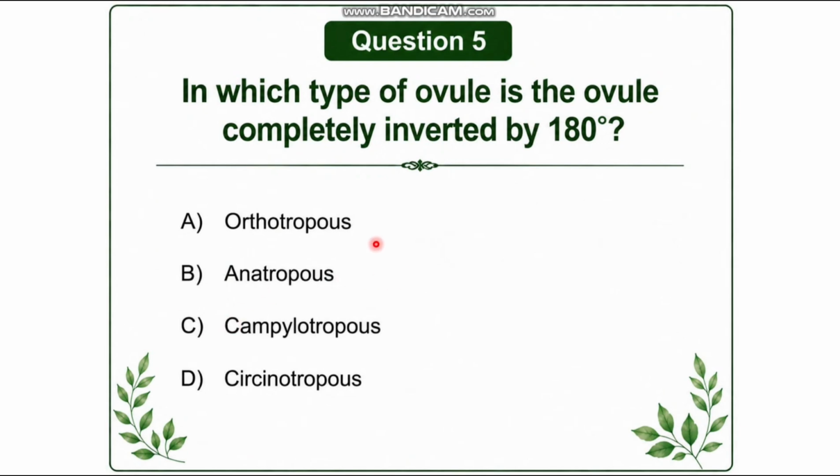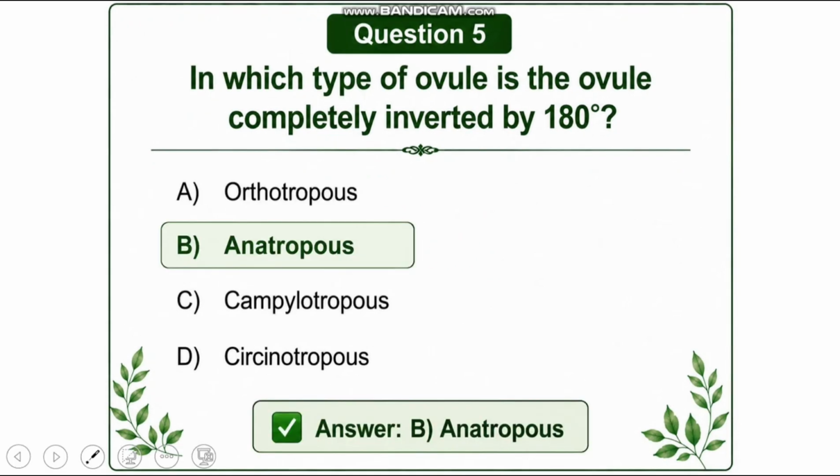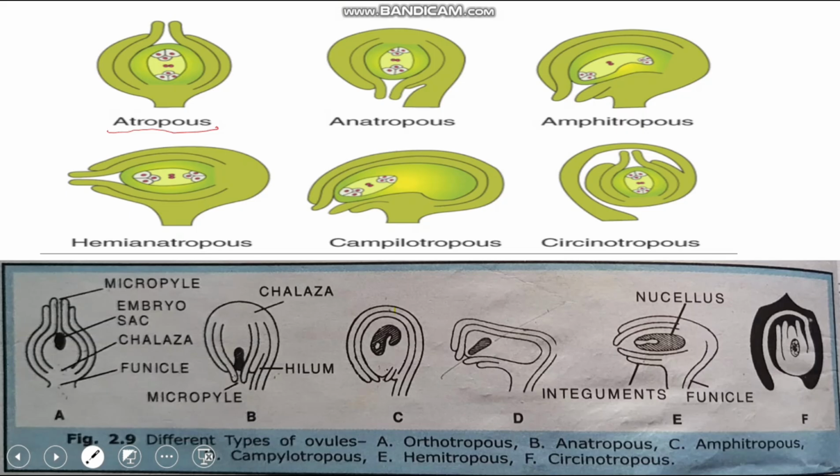Then the next question is, which type of ovule is completely inverted, 180 degrees? The answer is the anatropous ovule. We have seen here the anatropous ovule is 180-degree bend, and this is the hemitropous or hemianatropous, which is a 90-degree bend.